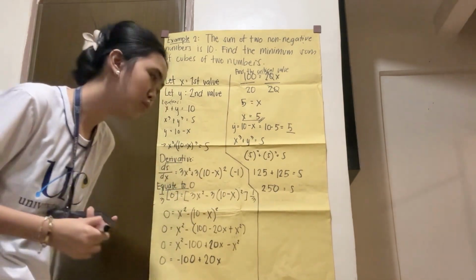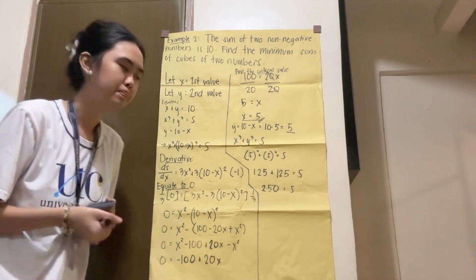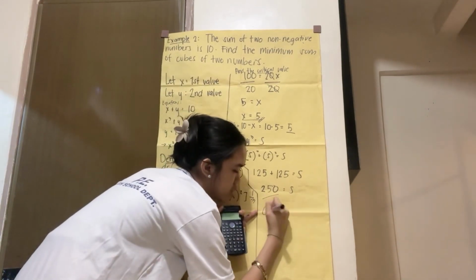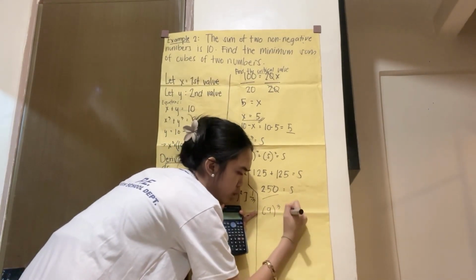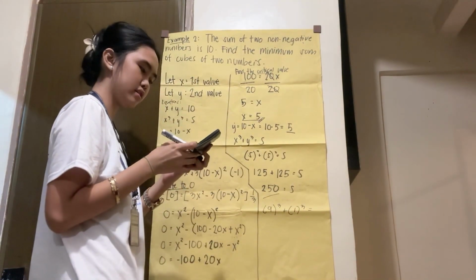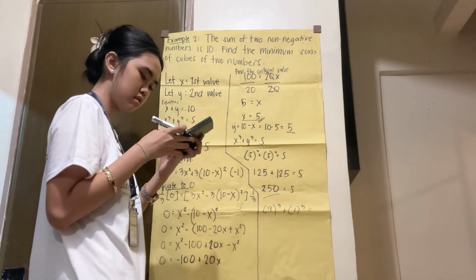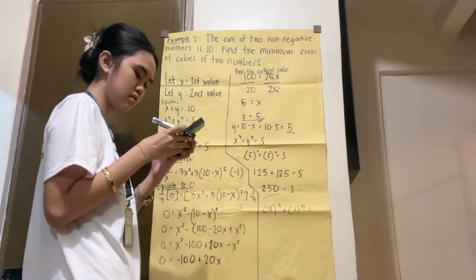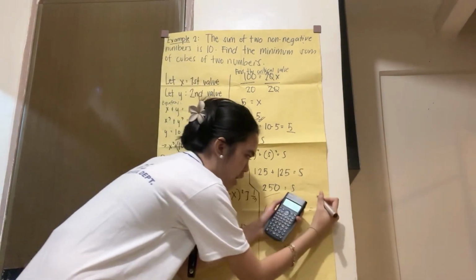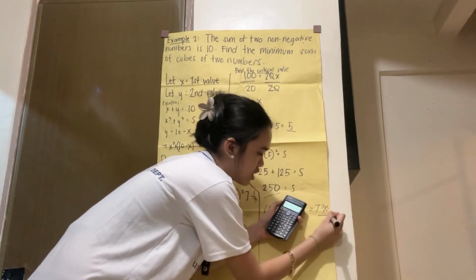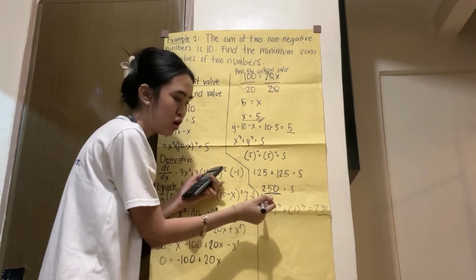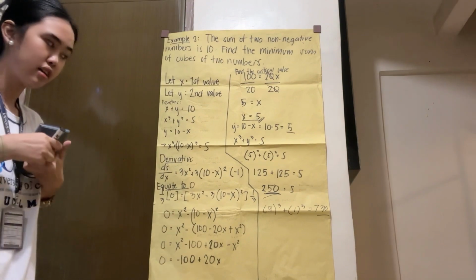So let's find out if this is the minimum sum. Because if we use 9 cubed plus 1 cubed, this is 730. So we say this is the minimum, the smallest.